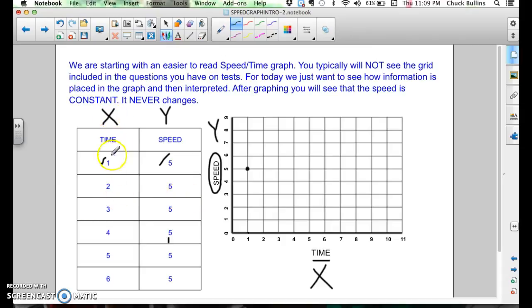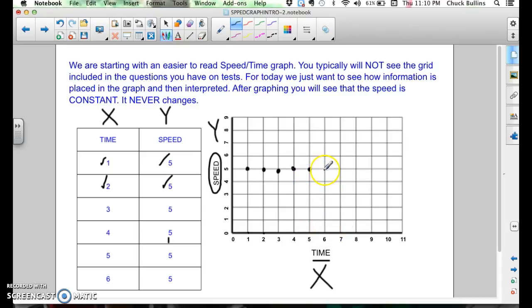So obviously I'm going to go in 2 on the x, there's to here, but I'm going to go up 5. 1, 2, 3, 4, 5. And I'm going to continue that process with my entire set of data that is located over here in this table. And this should look very familiar to you. We've done a lot of this in morning work.